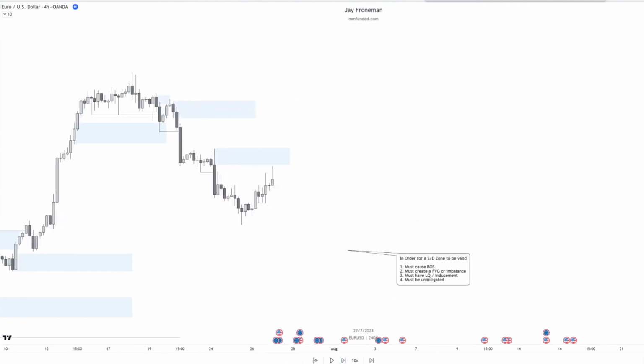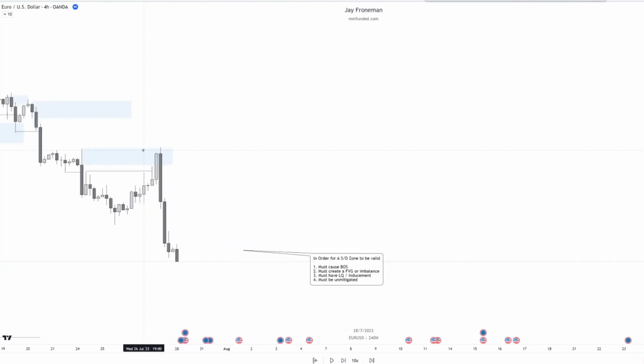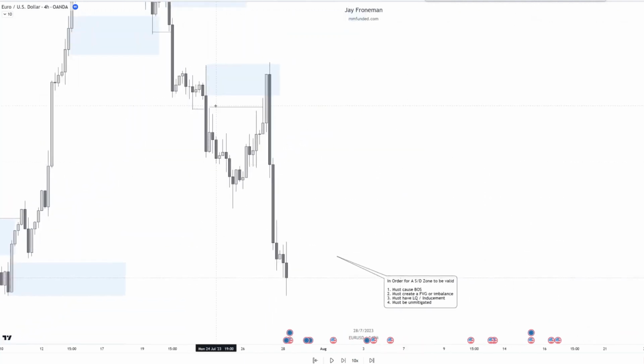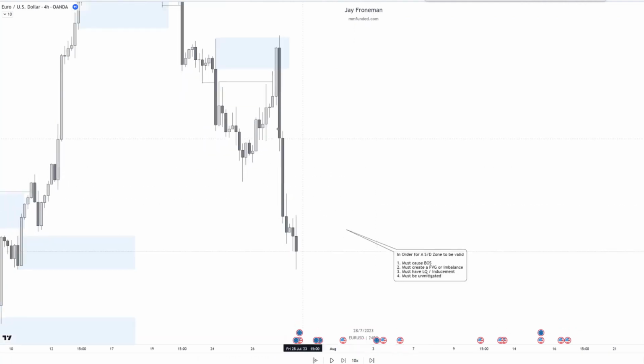Okay, sweeping this liquidity into that supply, especially the 50%, and reaction from there. So in the scenario, this is your valid buy side liquidity. All right, new break of structure, opposite side supply.